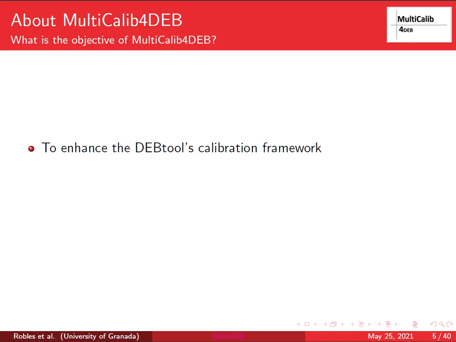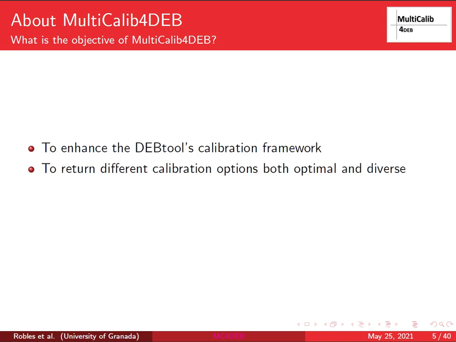The main objective of MultiCalifor Dev is to enhance the DevTools calibration module. For that purpose, we developed a strong calibration engine based on multimodal evolutionary algorithms, which brings multiple, diverse, and optimal solutions for the species being calibrated.